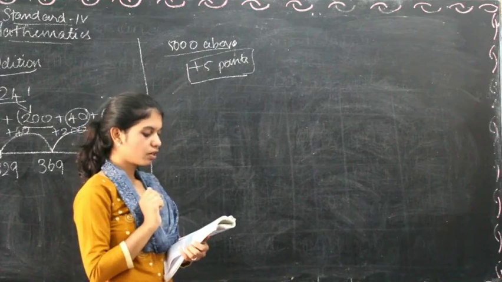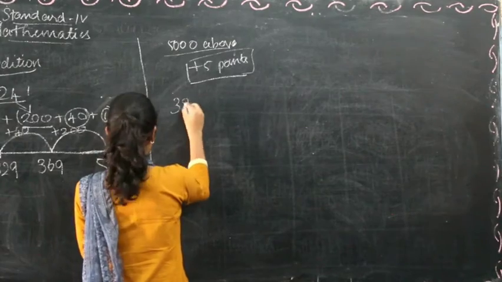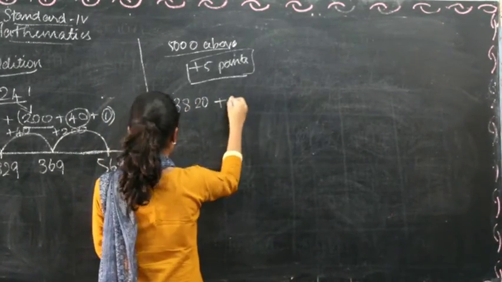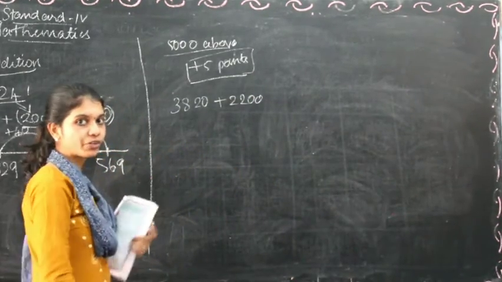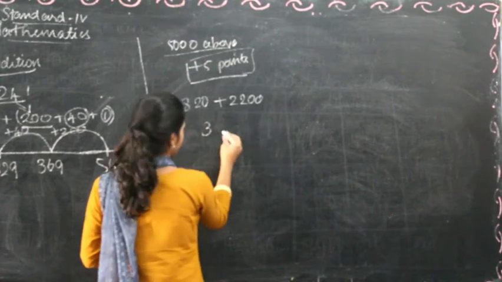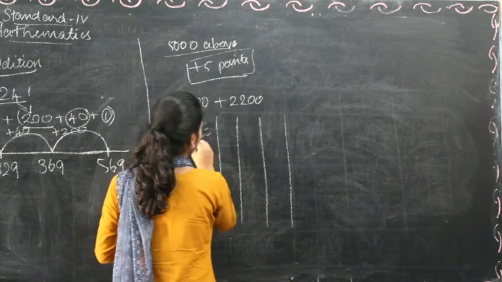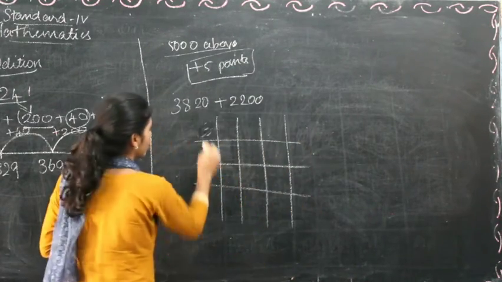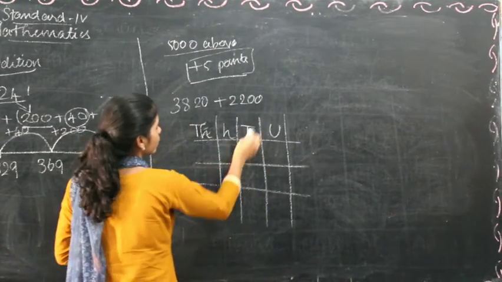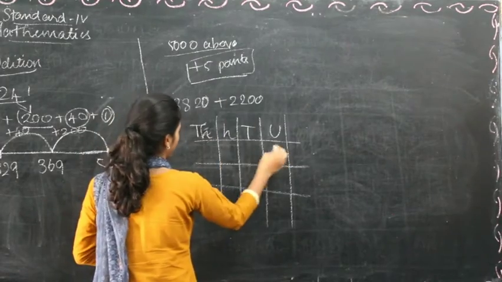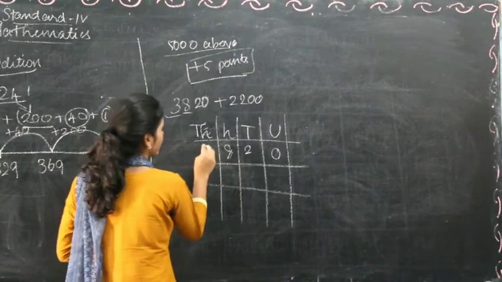So let's take 2 random numbers. I'll take the first 2 rows, which is 3,820 plus 2,200. Now we are going to add this. We have thousands, hundreds, tens, units. So we have 0 units here, 2 tens, 8 hundreds, 3 thousands.